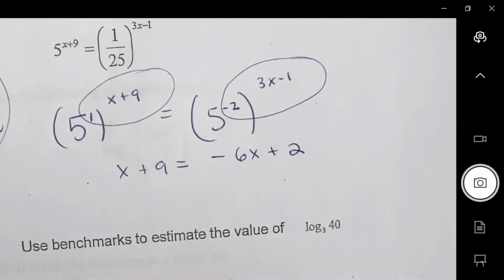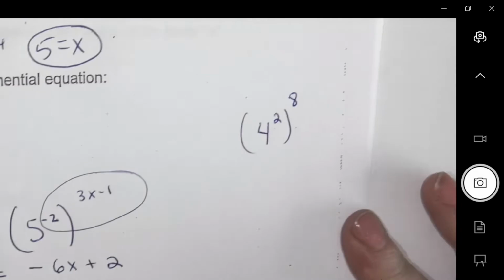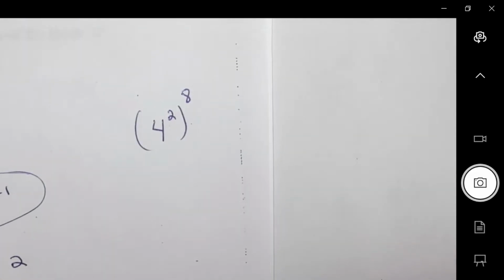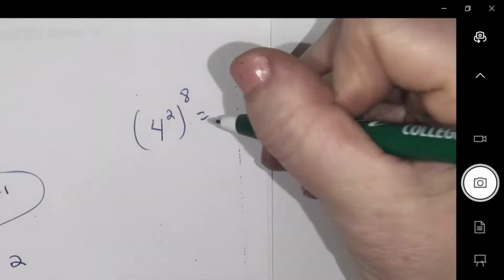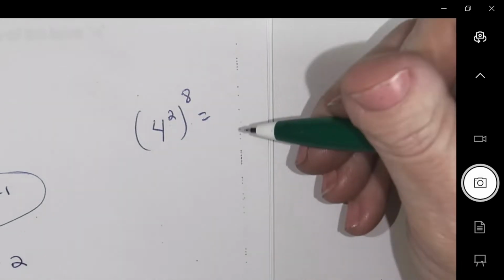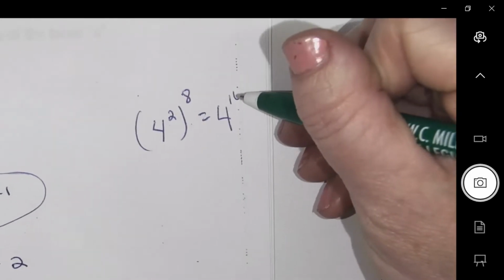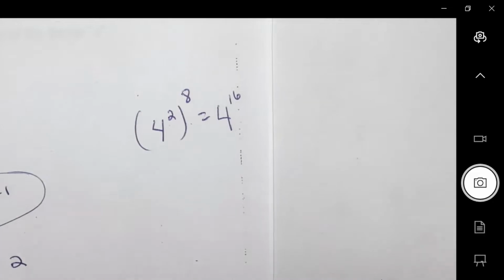Right here, an exponent to an exponent, you would have to multiply, right? Do you remember from grade 9 and 10? So this was something you would have had in grade 9, I believe. So this would be 4 to the 16. Those were the rules you talked about.